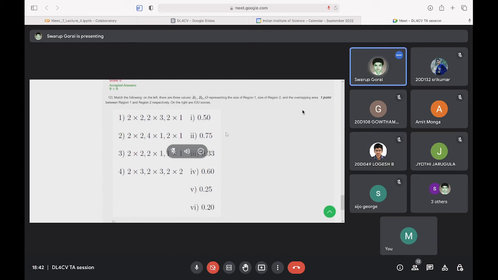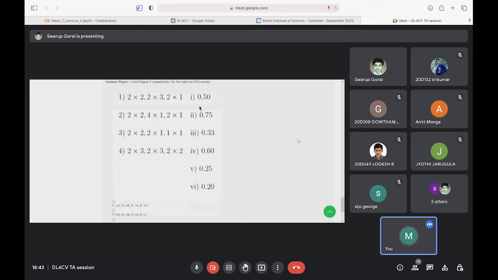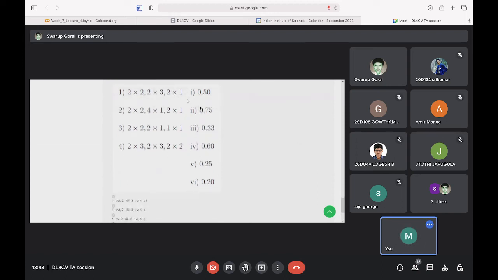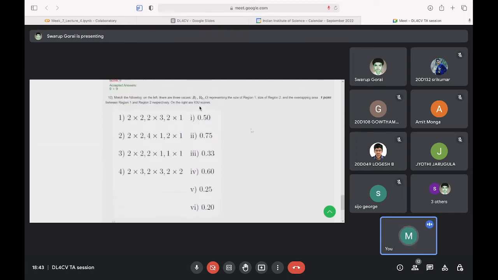So the IoU score is intersection over union. The overlapping area between both the regions is the third region, 2 cross 1, what they've given. So the size of that region divided by the union of all of them. So it will be 2 divided by the union of the entire region.